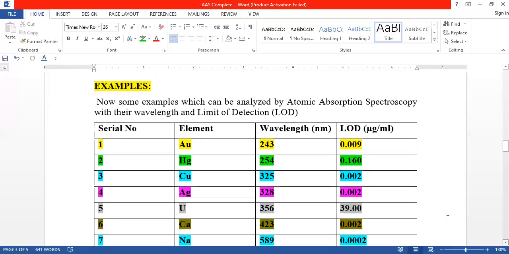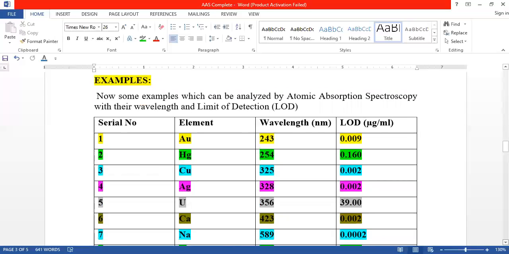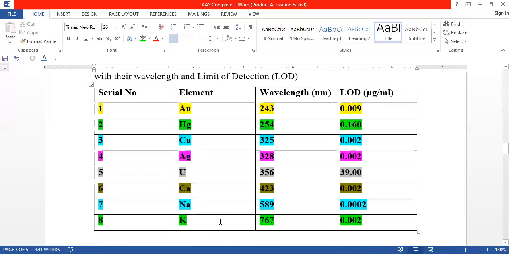The elements are: first Au, gold, then Hg, mercury, Cu, copper, Ag, silver, U, uranium, calcium, sodium, and potassium.